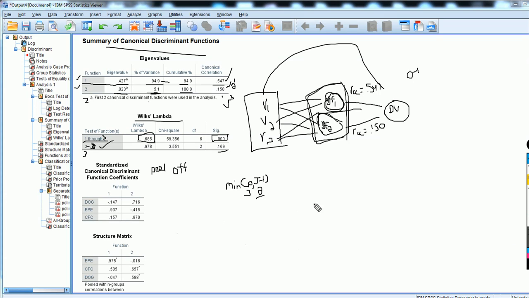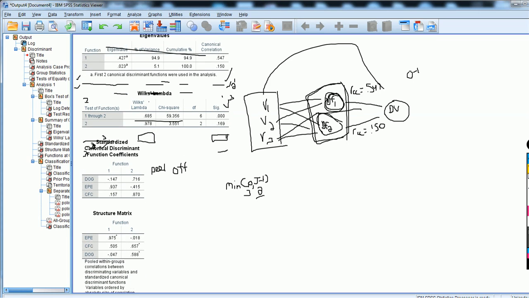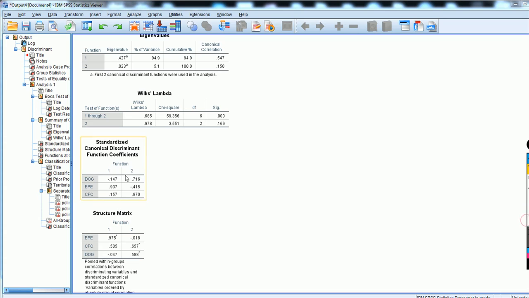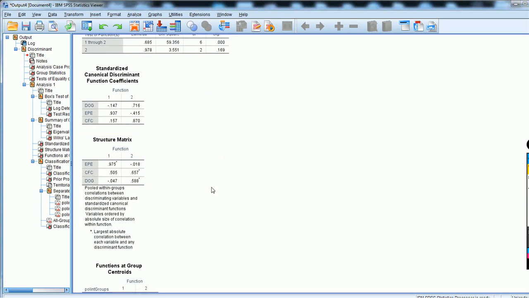So at any rate, at this point, what we are finding is that we really want to interpret now function 1, because we know that really function 1 is driving the association that we see between our predictor variables and our grouping variable, our DV. So we want to name that particular function, and we can do that by looking at our standardized canonical discriminant function coefficients and our structure matrix.